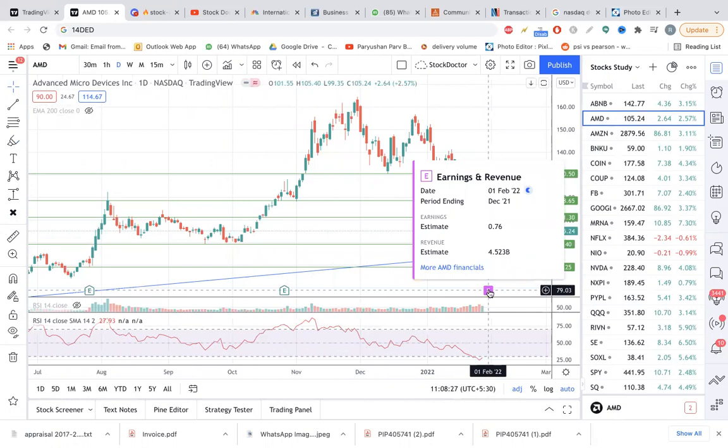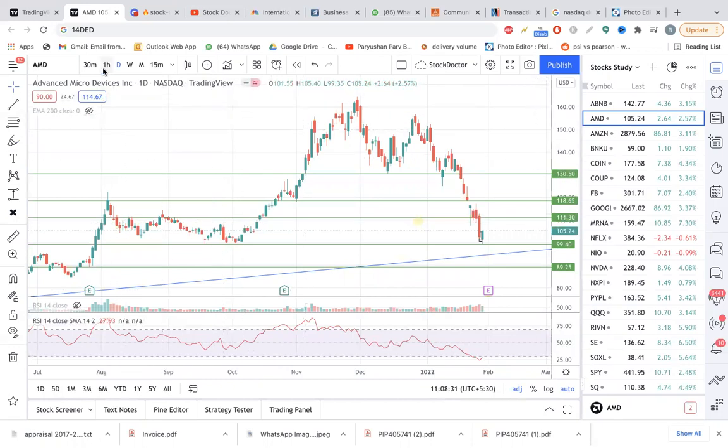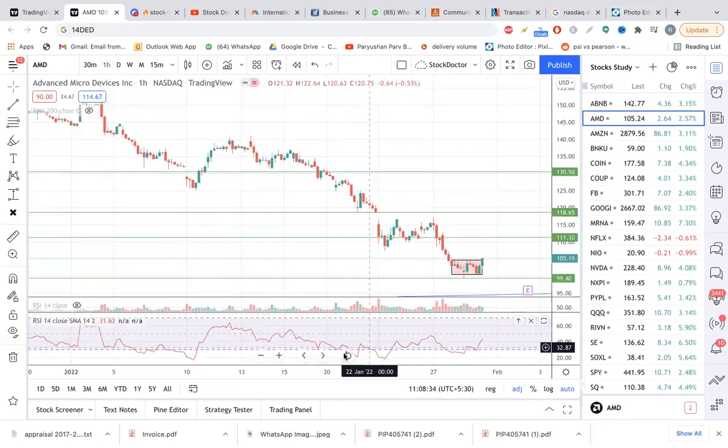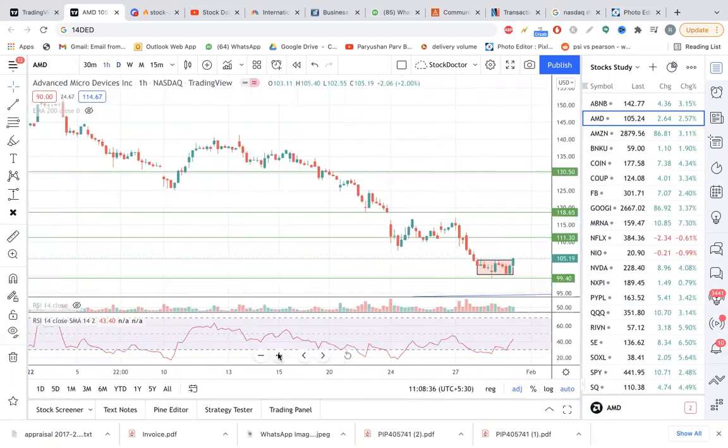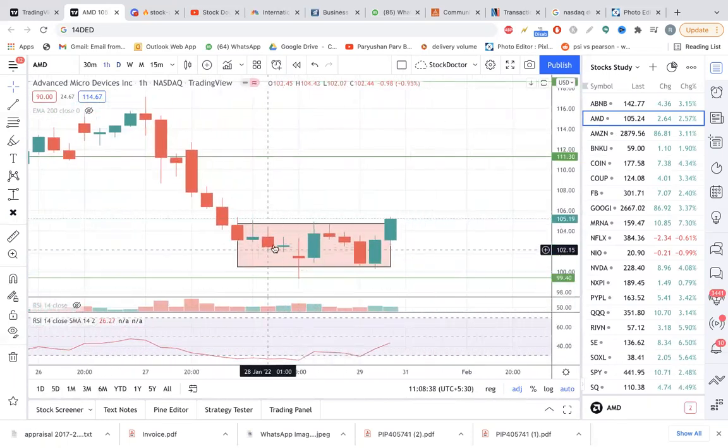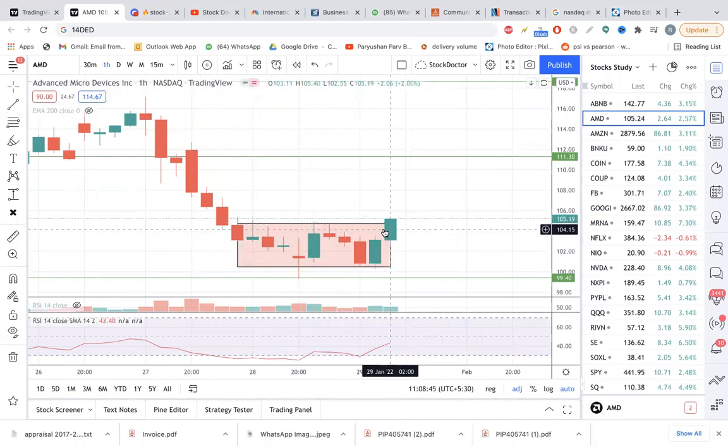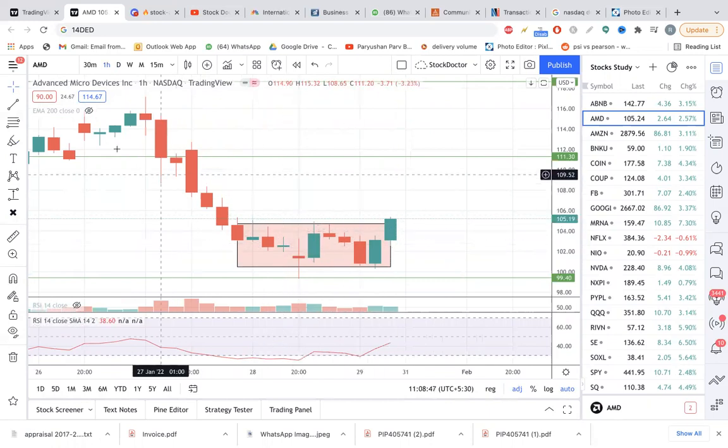AMD has earning on 1st of February, and you can see here it has come out of the box for the last 10 hours. On the hourly time frame, it was trading in the zone, and it has broken that zone. Then high probability for AMD is it can go back toward 108 and 111.